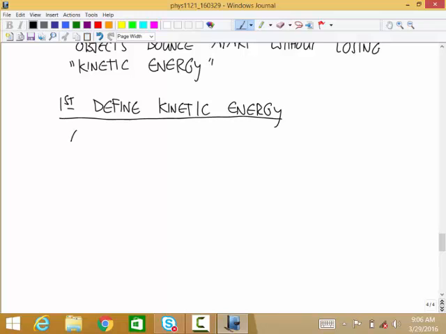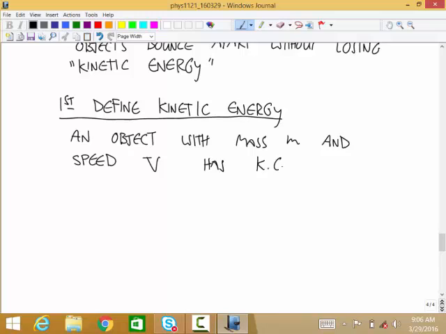An object with a mass m and a speed capital V has kinetic energy 1/2 mv squared.